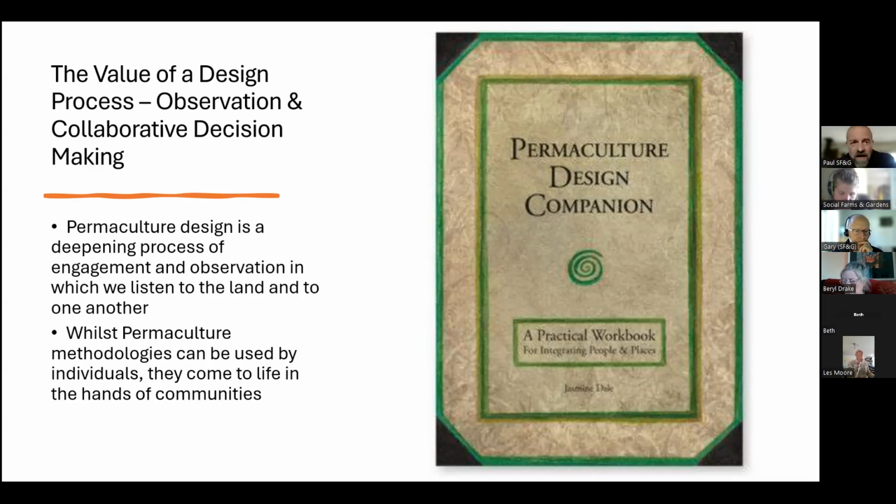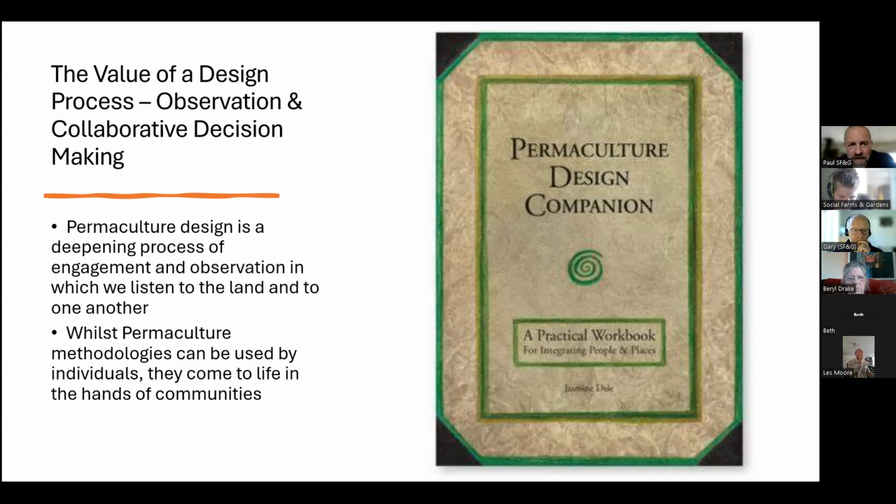So we observe, and then we embark upon the process of collaborative decision making. And that's true even if we're designing something just on our own, which in my opinion isn't an ideal situation to be in. That's true of most things that people do. But even if we're on our own, we are still collaborating with the wider environment, with the land, with other people whose lives touch upon what we're doing.